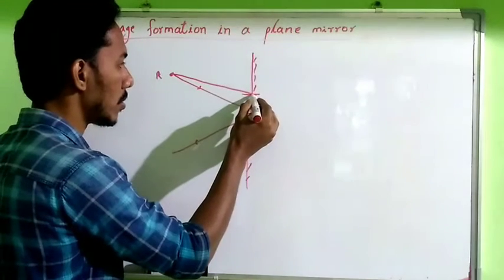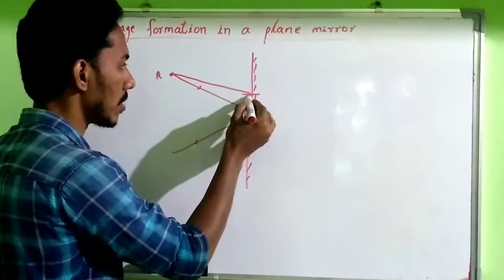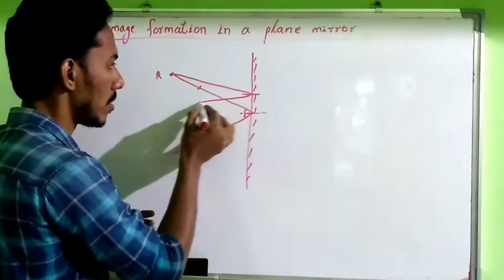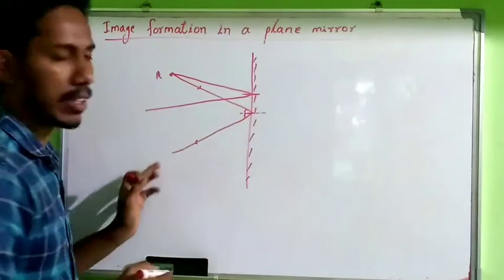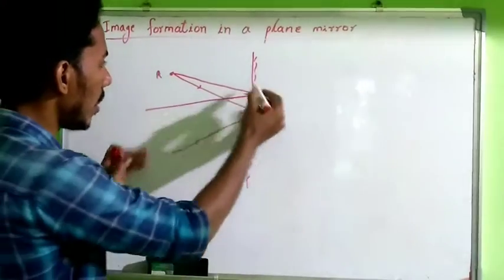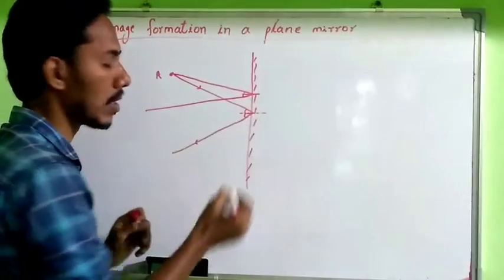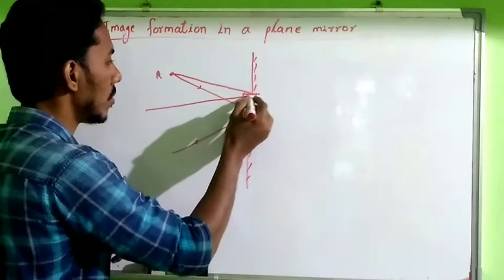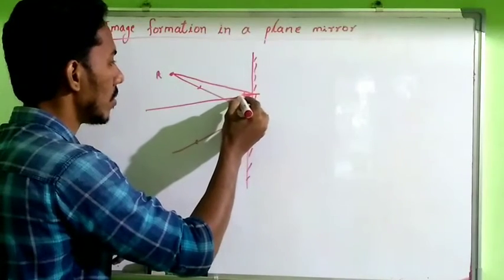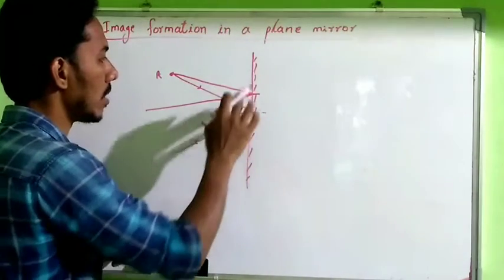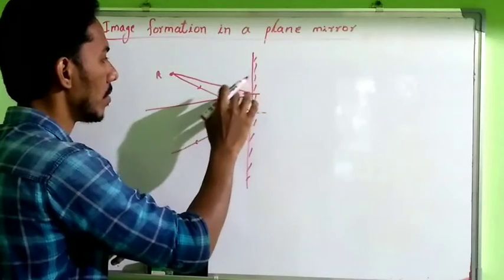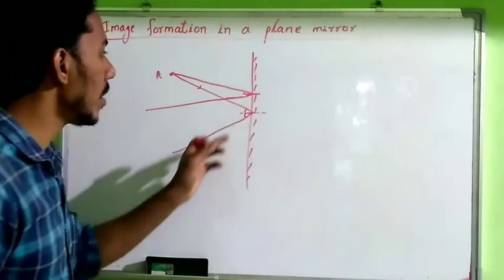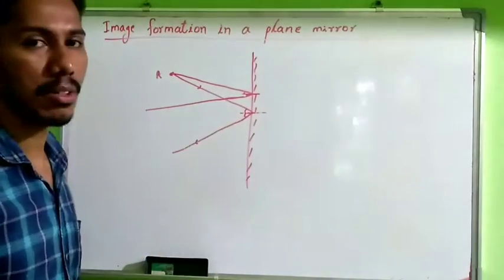The angle of incidence should be equal to the angle of reflection. Okay, this angle and this angle should be equal. These two angles should be equal. Then here this angle should be equal.